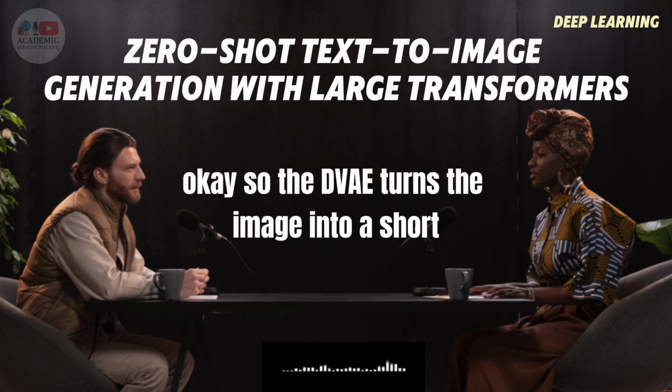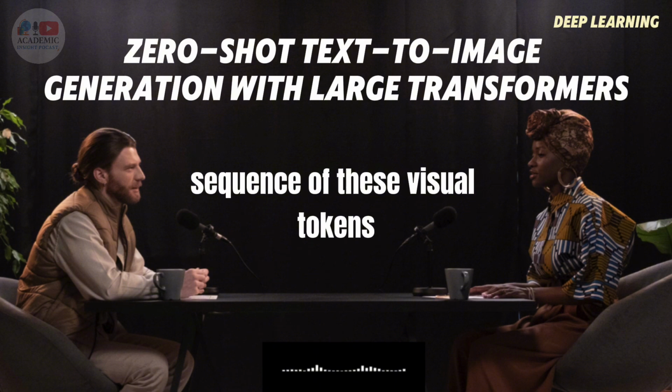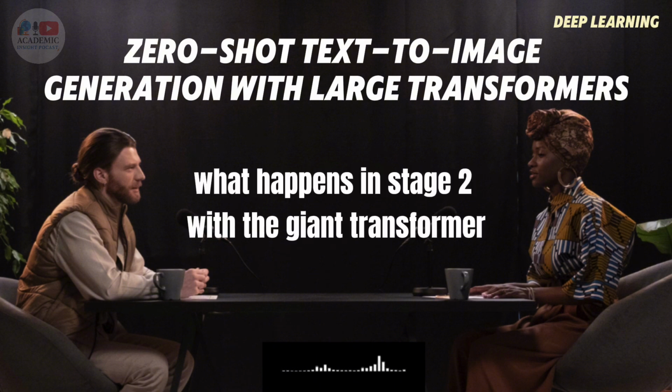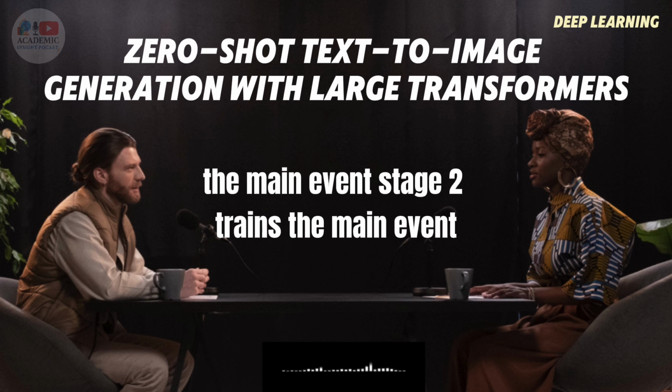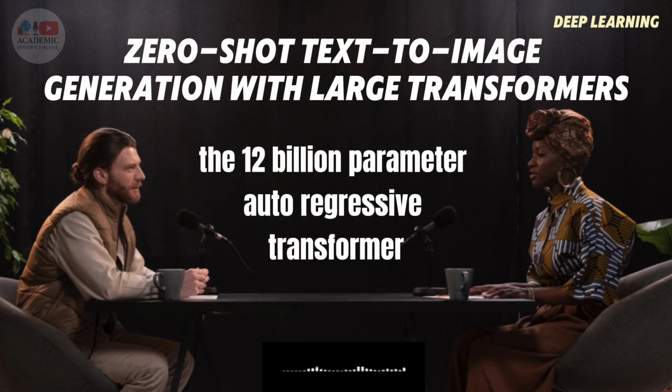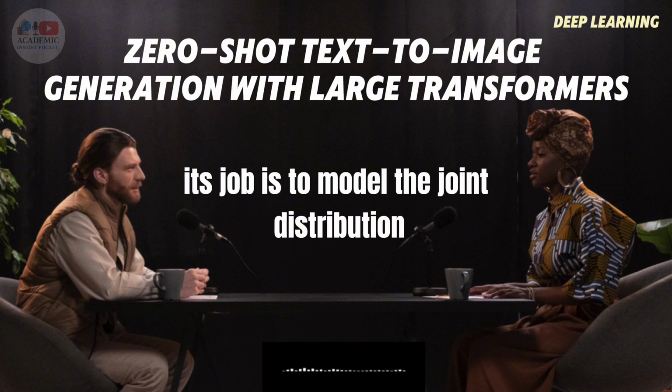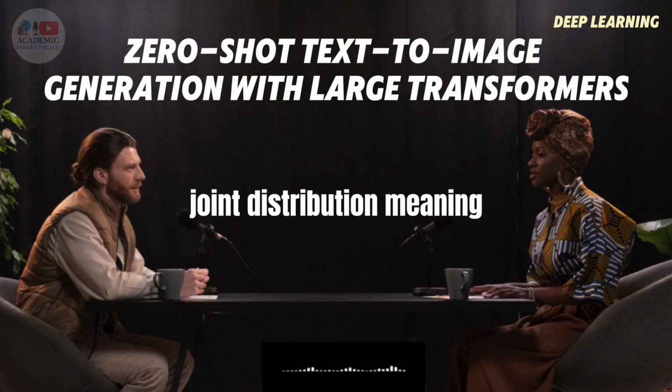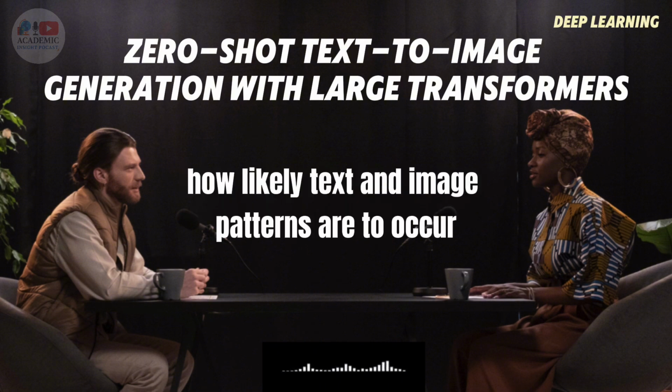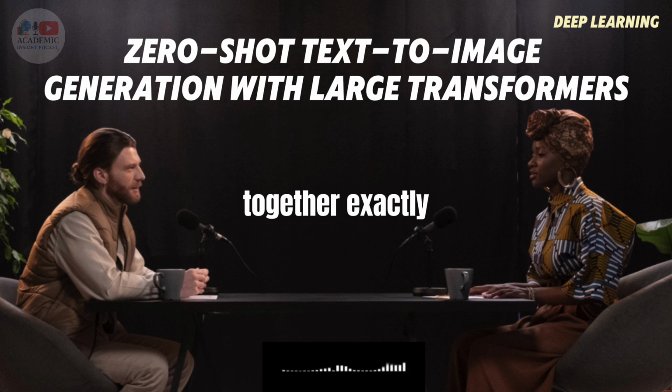Okay, so the DVAE turns the image into a short sequence of these visual tokens. What happens in stage 2 with the giant transformer, the main event? Stage 2 trains the main event, the 12 billion parameter autoregressive transformer. Its job is to model the joint distribution of text and image tokens. Joint distribution, meaning how likely text and image patterns are to occur together. Exactly.